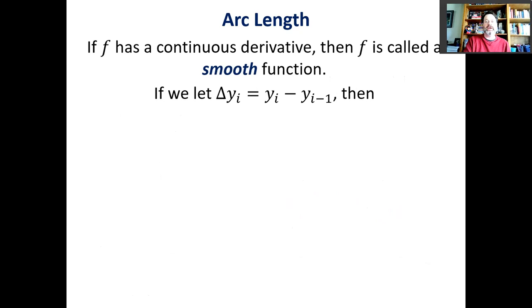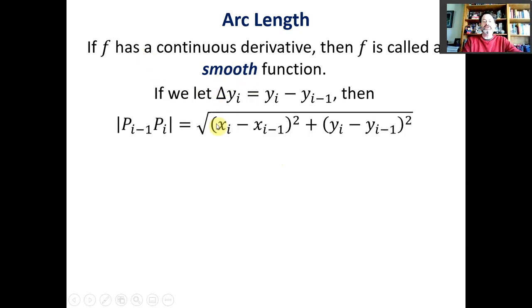All right, so let's go back here. We already know what delta x is. We've done delta x computations a lot in calculus, but this is how we compute delta yi. So there's your distance formula. This is just how you find the distance between any two points on a curve. You plug in both x coordinates, you plug in both y coordinates, and then you do the computation. It's the Pythagorean theorem.